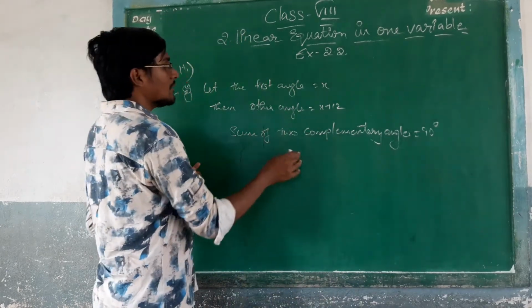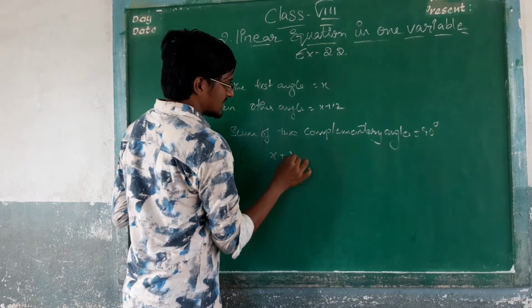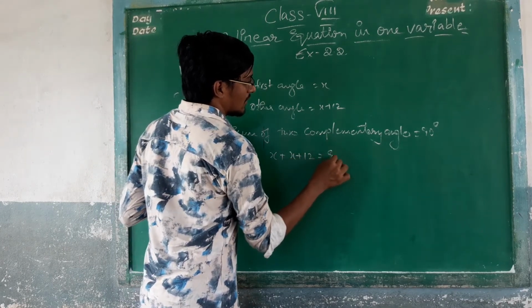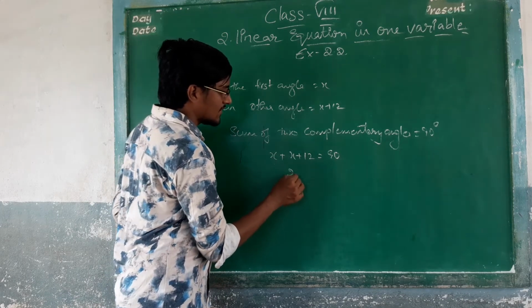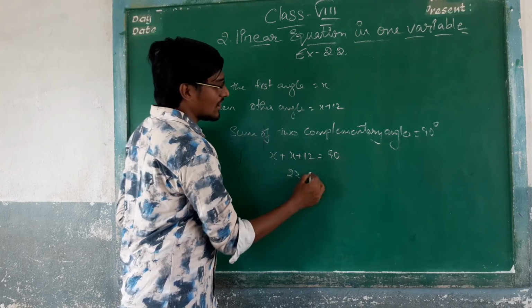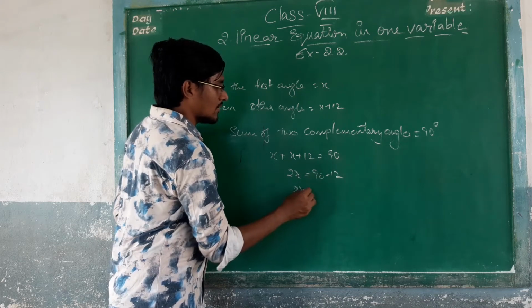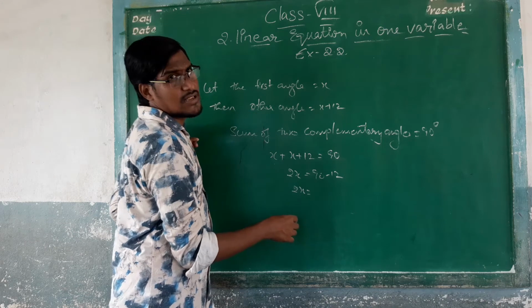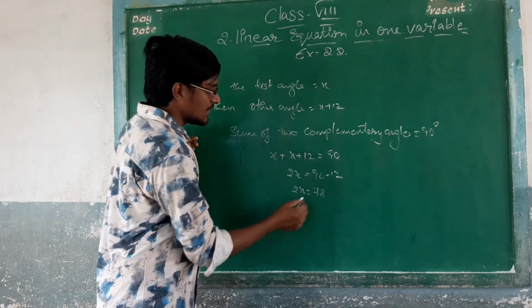So the sum of the two angles means x plus x plus 12 equals 90. We have to add the variables, x plus x is 2x. This plus 12 move to the right hand side, it will become minus 12. 90 minus 12, what is the value here? 78.